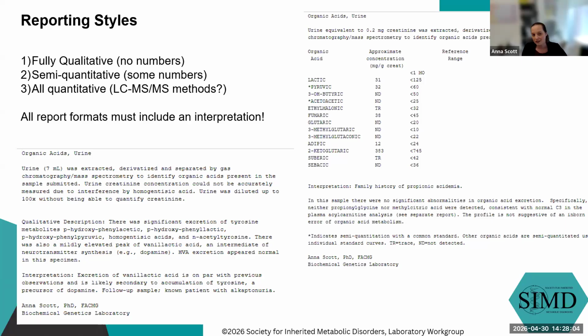So those reports are likely to look a little different, have a lot more numbers and components reported. Whether there are numbers or not, the report should always include an interpretation of what does this mean? Because it can be a lot to wade through, and as we've seen, there can be confounders from clinical status. So know your net lab, be prepared for a variety of reports, and feel free to ask questions.